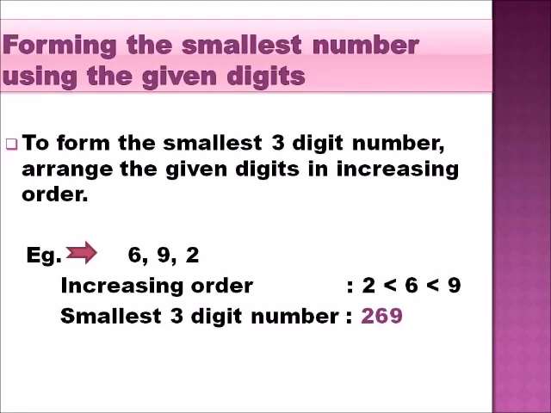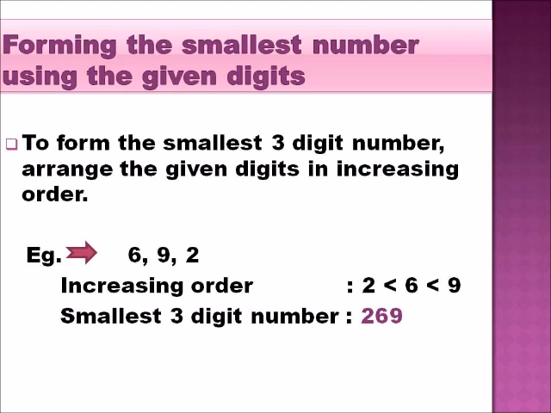In this session, first we are going to learn about forming the smallest number using the given digits. Children, here in order to form the smallest 3-digit number, first we have to arrange the given digits in increasing order. Let's see examples for forming 3-digit smallest number using the given digits.